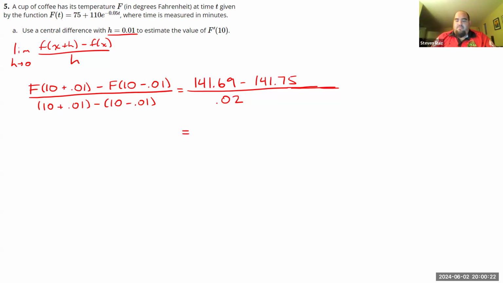Minus 141. So the final result I get is negative 3.087. That's the number I get for the derivative using this central difference. That's just the numerical value. Let's talk now about what that is.